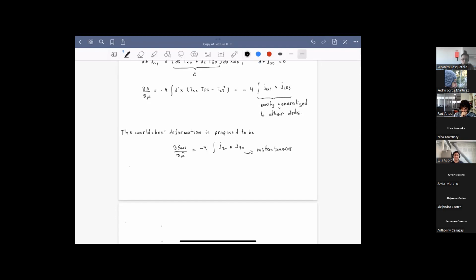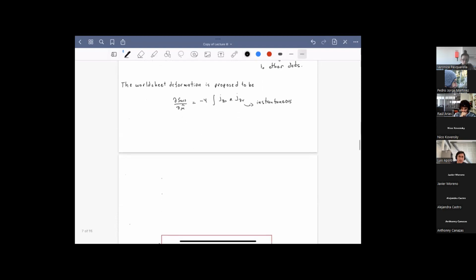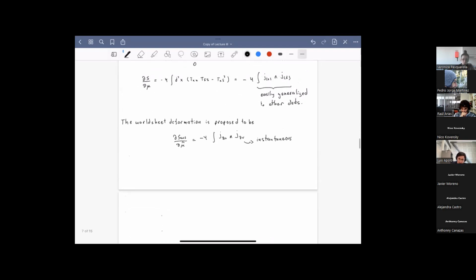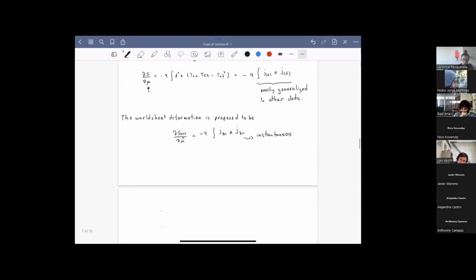Which means that they are the currents of the theory that has already been deformed. And in particular, the holographic dictionary between this deformation parameter and the one that appears in the definition of the TTbar deformation is just obtained by putting the scale of AdS so that we get the right dimensions.